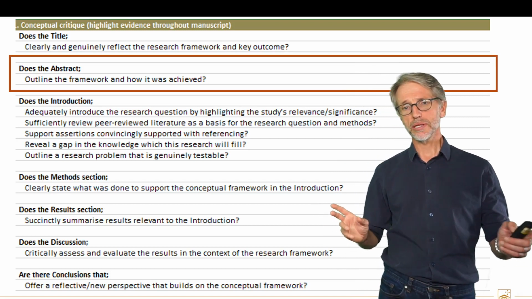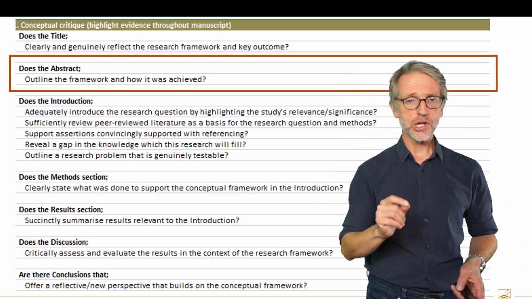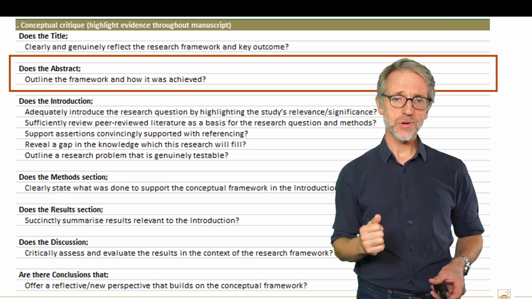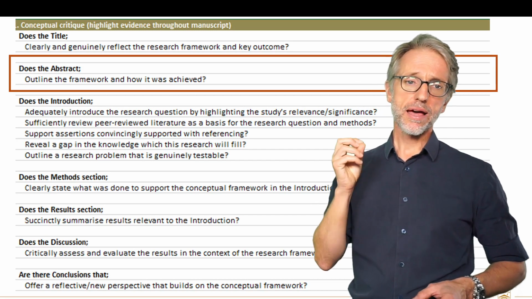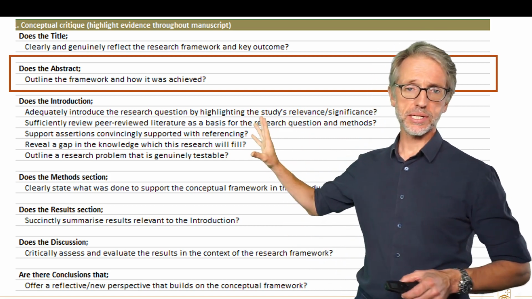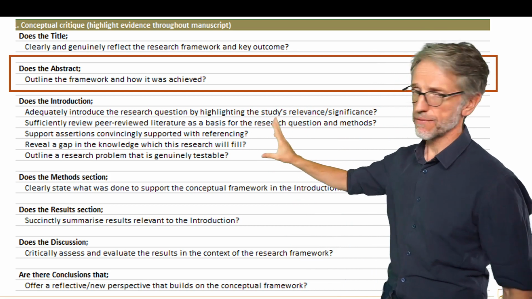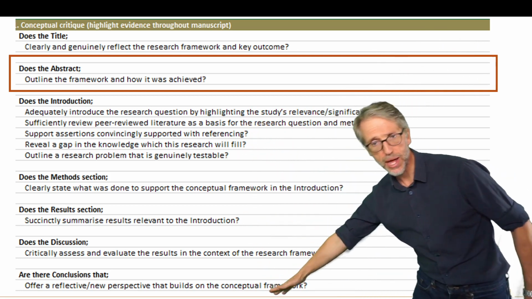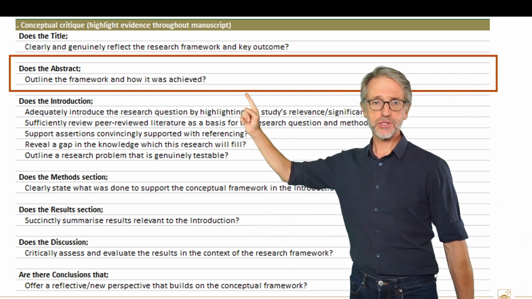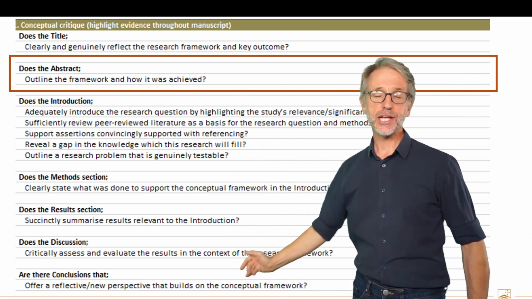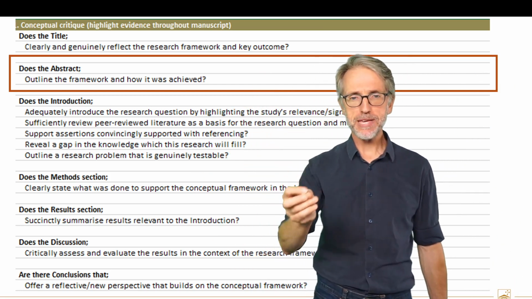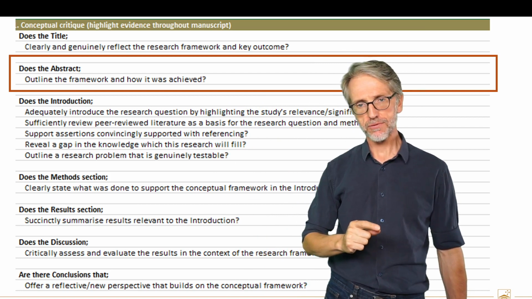So what should you be looking for in the abstracts in your papers? The paper must, as you know, include a clear framework, a clear theoretical framework presented in the introduction, and that clear framework needs to flow throughout the entire paper. If then the abstract is a distillation of the entire paper, then the abstract itself must be a distillation of that theoretical framework.